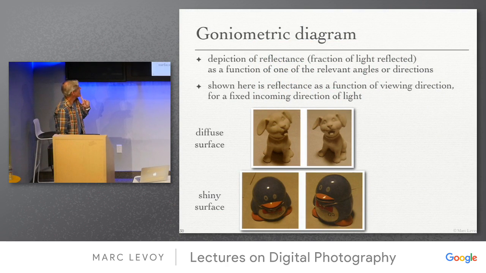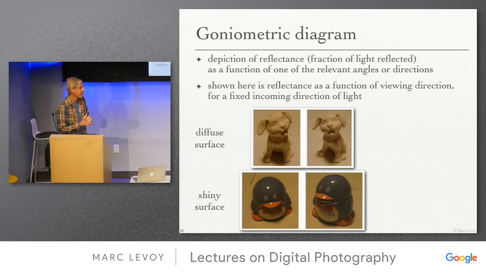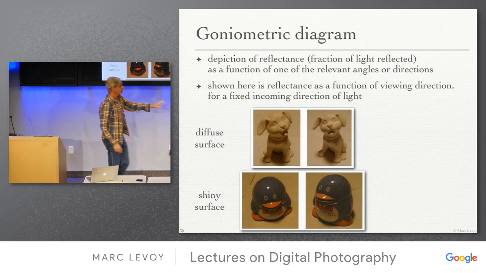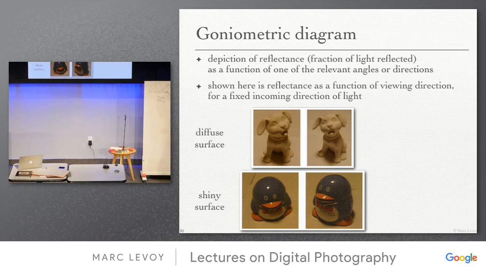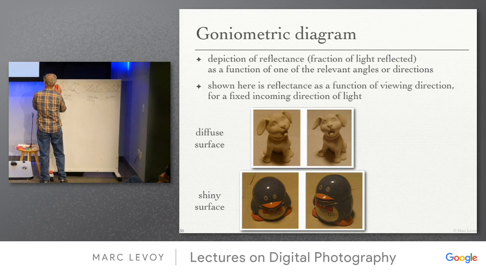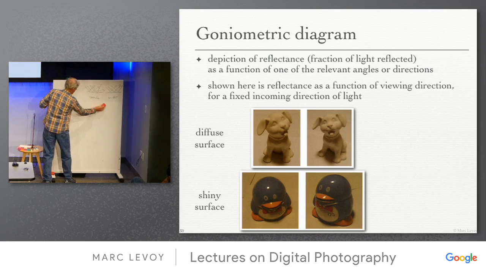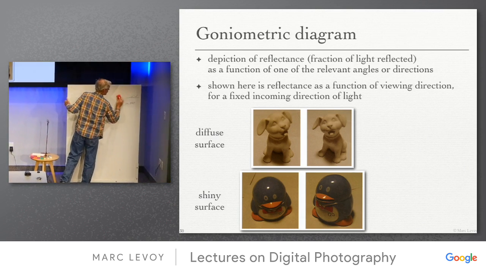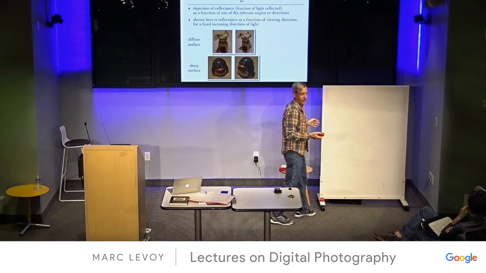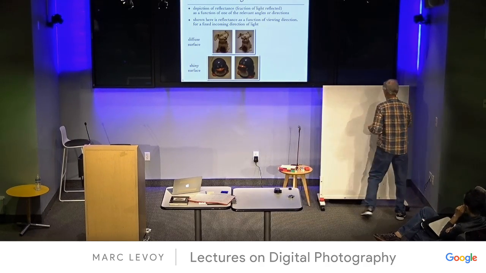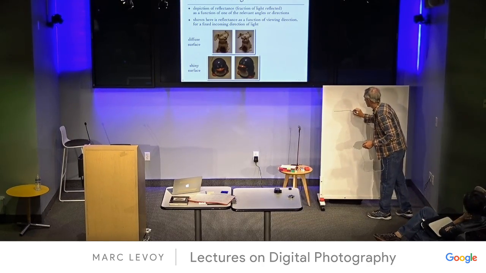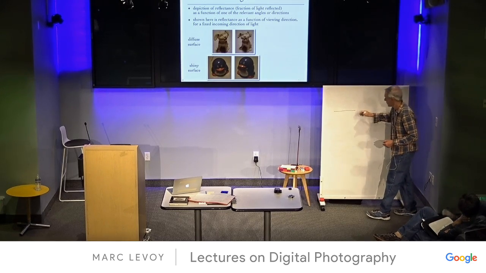All right. So there's a way that we can make these reflections a little bit more quantitative by talking about what's called a goniometric diagram. And so what a goniometric diagram means is just reflectance as a function of angle. And so here is a common way to draw these diagrams. There's the surface in cross-section.